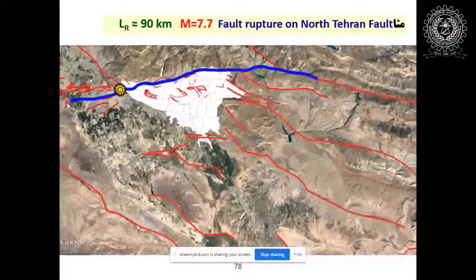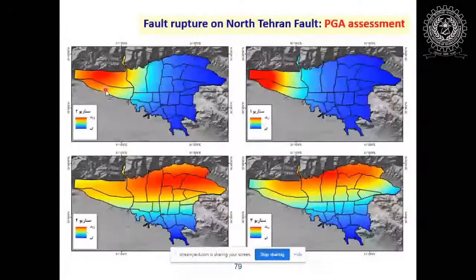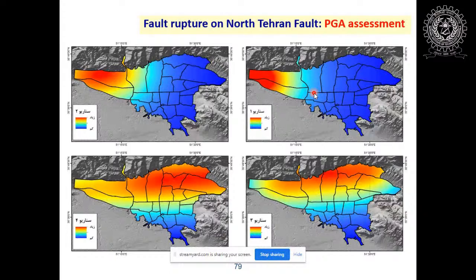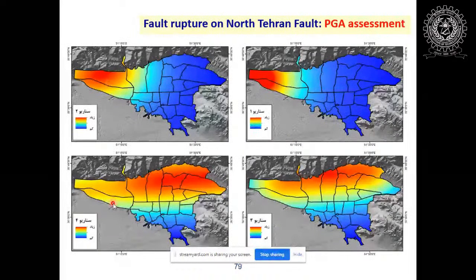And if we look at the PGA assessment along these scenarios, scenario 1 for a magnitude 5, this is magnitude 6, magnitude 7, third scenario, and magnitude 7.7 in the fourth scenario.